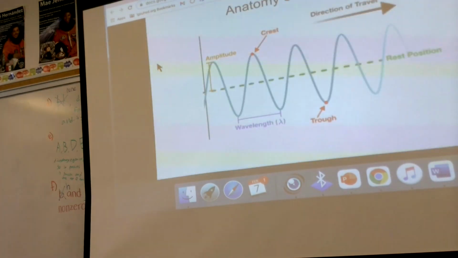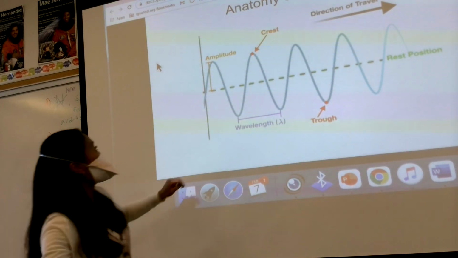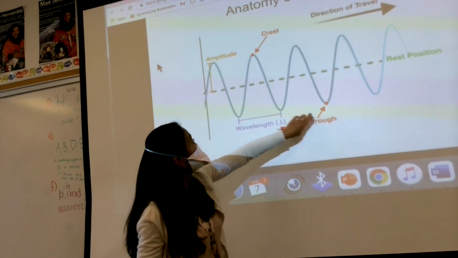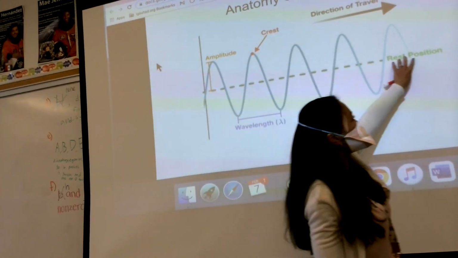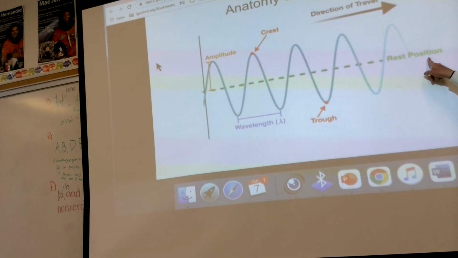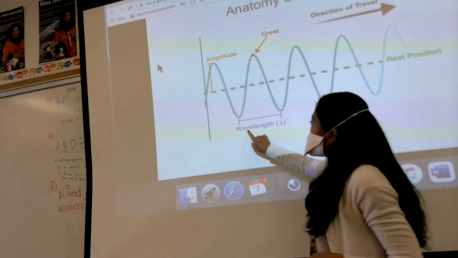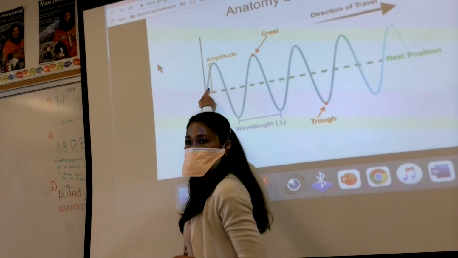This last slide is to include the rest of the anatomy of your transverse wave. You already have crest and trough. This says rest position. Change it to equilibrium, because equilibrium is the vocabulary word you're going to see more often. Include your wavelength and your amplitude.